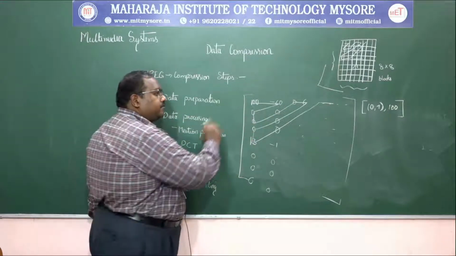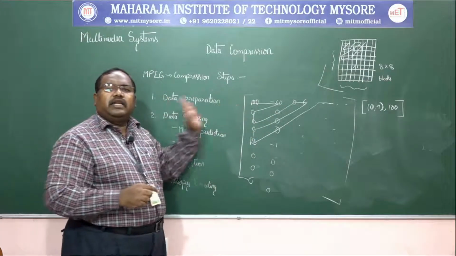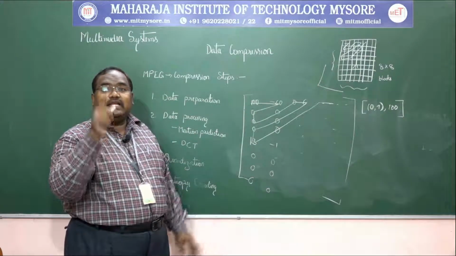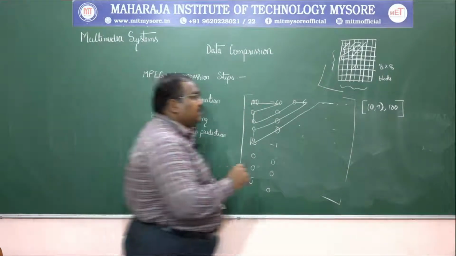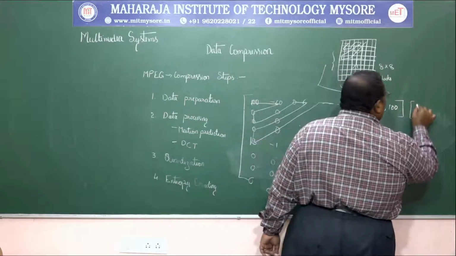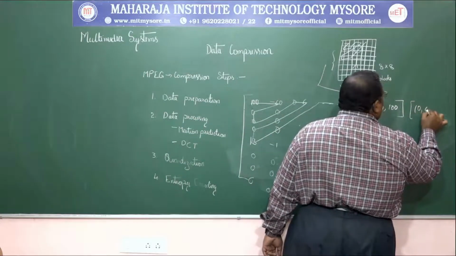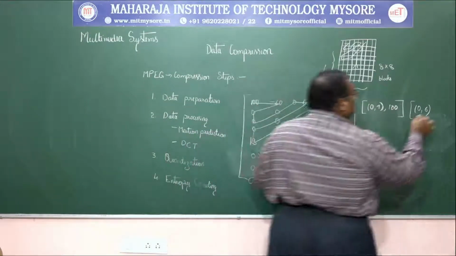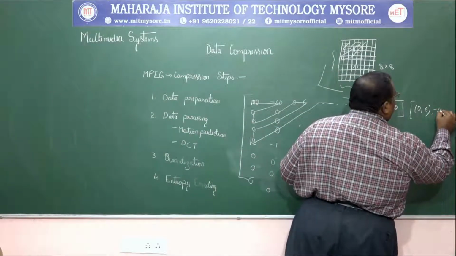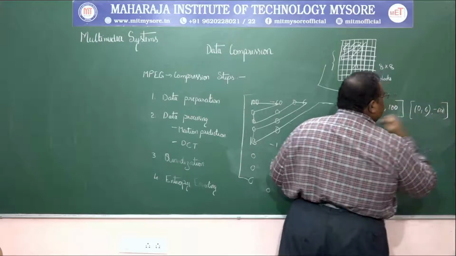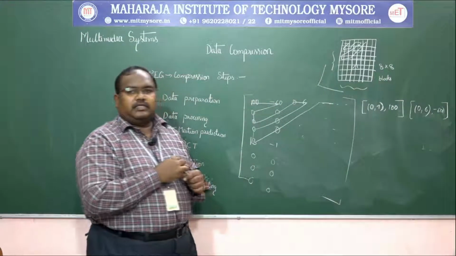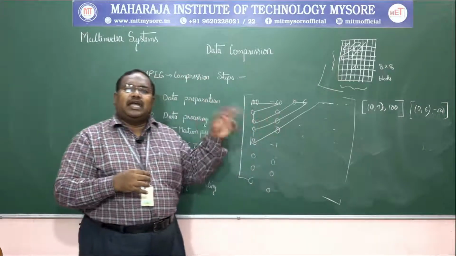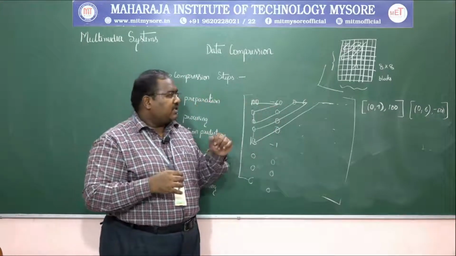Next we have the 6 here. See, look here. When we go up like this, the next value after 100 is 60, that is minus 60. How do we represent it? We represent it like this. What does the 0 represent? How many zeros are ahead of the value minus 60?